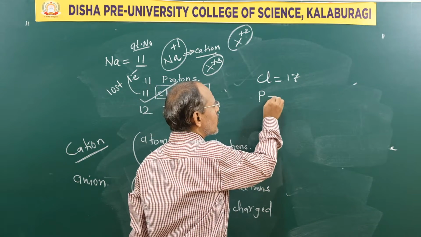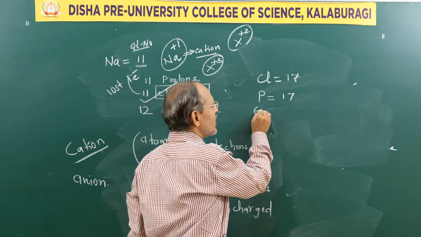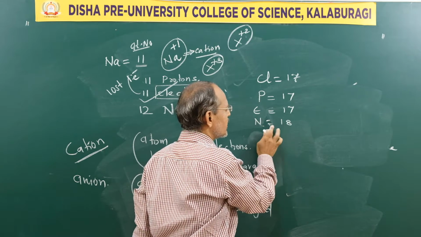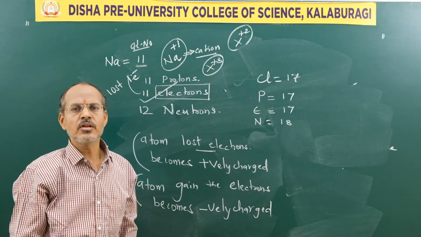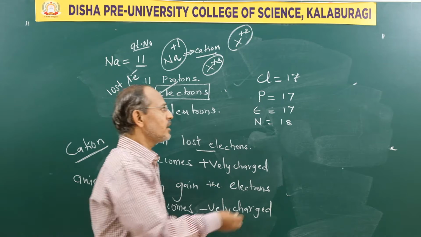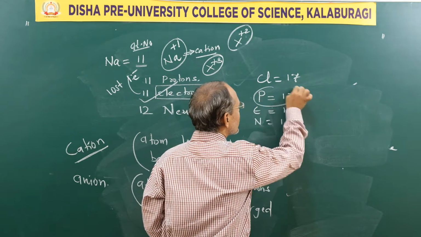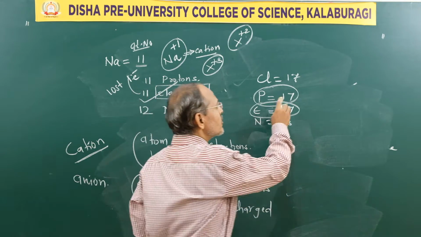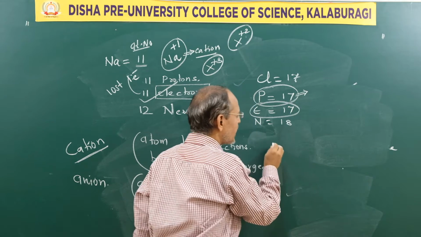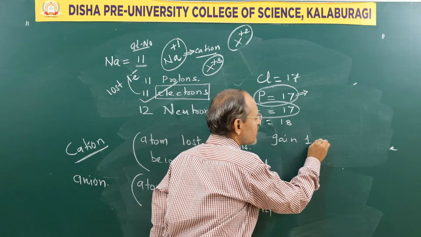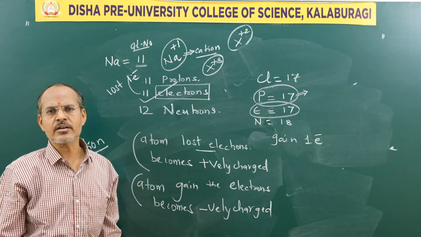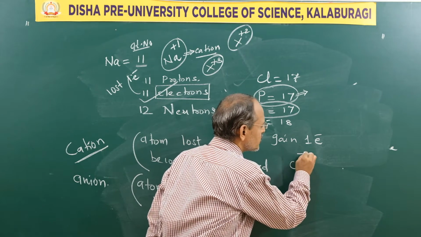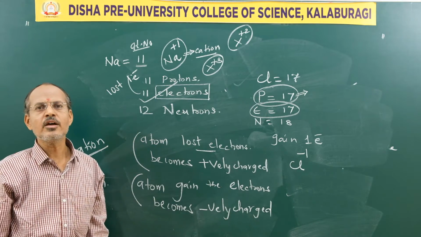That means 17 protons, 17 electrons and 18 neutrons. Now, if it gains one electron, I'll write Cl minus 1.